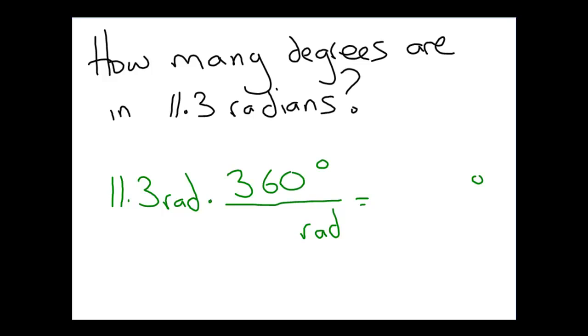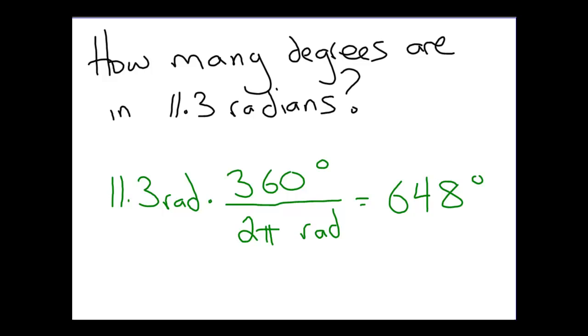And we know that 360 degrees and 2 pi radians are the same. So to convert our 11.3 radians, we simply multiply by 360 and divide by 2 pi. When we do that, we find that we end up with a number of roughly 648 degrees if we round to the nearest degree.